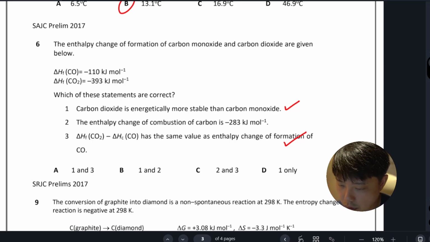Enthalpy change of combustion of solid is not 2A, because combustion of carbon is the same value as formation of CO2. So that value is minus 393. So our answer here is A, 1 and 3.